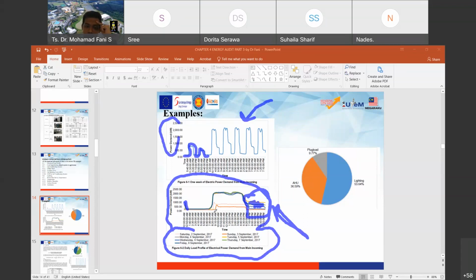Okay, so that one, if they forgot to switch off any kind of system before they go out, you can advise them to shut down very simple system that do not need to run for 24 hours. If the system need to operate for 24 hours, then let them manage it properly.